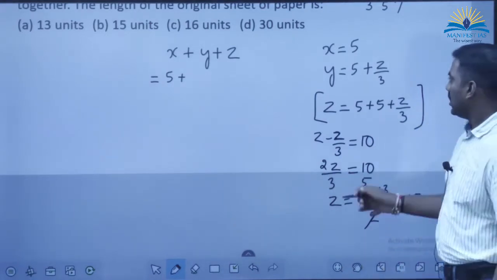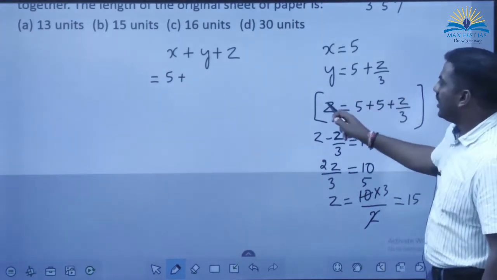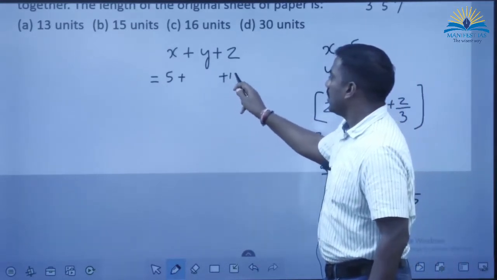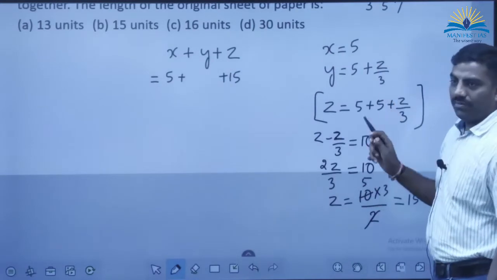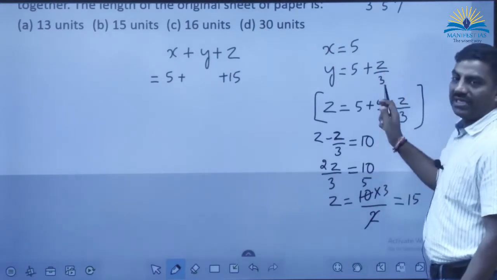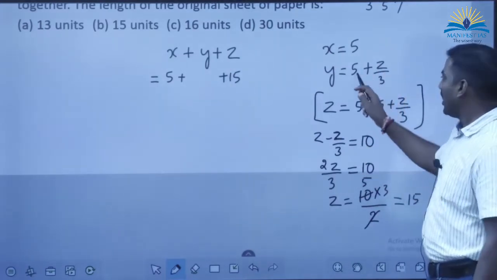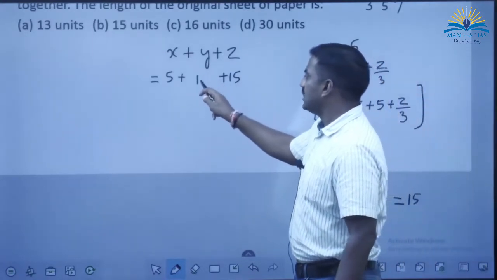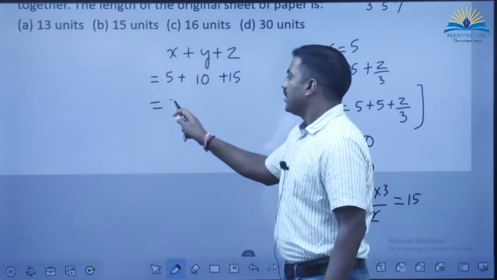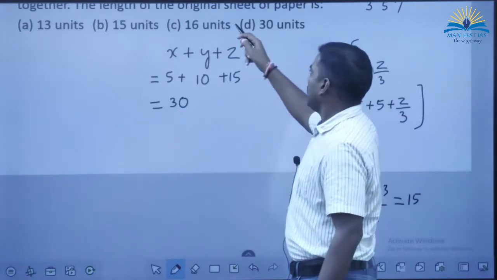Cool, no? Now we have got Z is equal to 15. So I'll put 15 here. What about Y? 5 plus Z by 3. 5 plus 15 by 3 is 5 plus 5. So Y value is 10, and totally it is 30. 30 units totally.